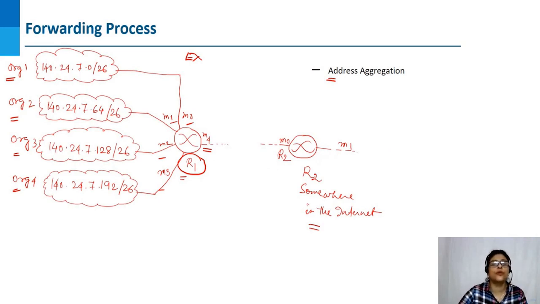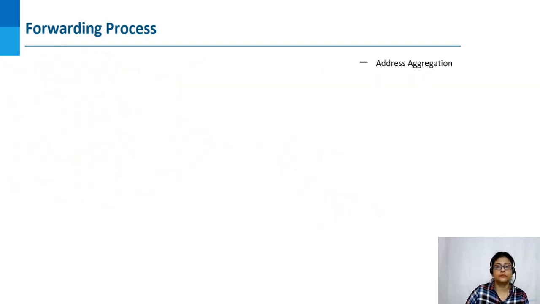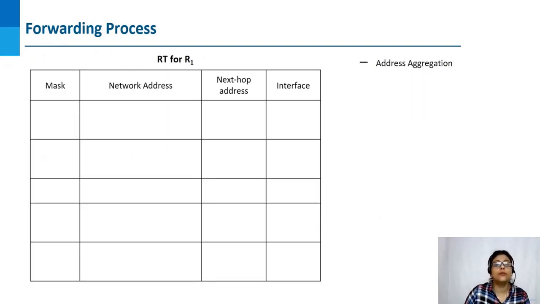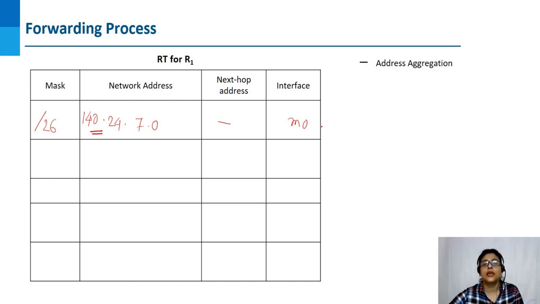Let's see how to form the routing tables of R1 and R2. It is clear that the routing table of R1 will be longer because there are different networks connected to router R1, and the routing table for R2 will be a smaller one. So the routing table for R1 will be, there are 4 organizations. So /26, network address given as 140.24.7.0, with the interface M0. This is for organization 1.